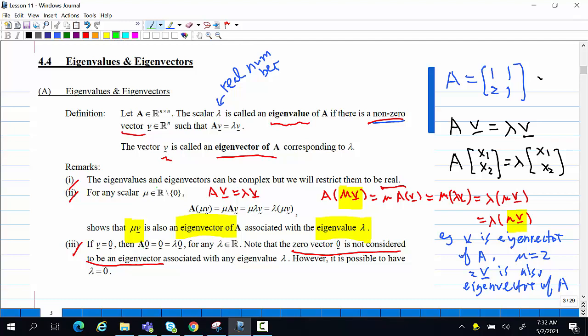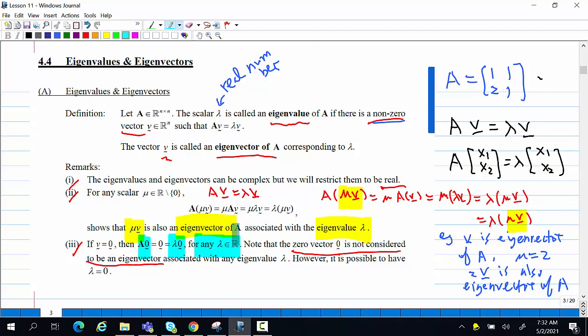If 0 were an eigenvector, you would still get lambda times 0 for any lambda. That is why we don't consider 0.